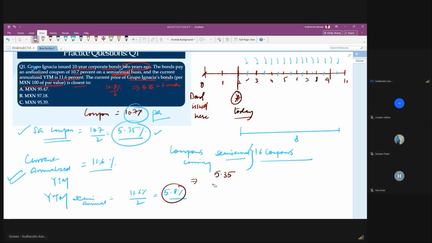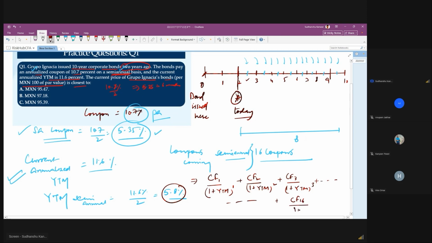Okay, let me write the equation first. I have 16 cash flows, so I will write CF1 over 1 plus YTM raised to power 1, CF2 over 1 plus YTM raised to power 2, CF3 over 1 plus YTM raised to power 3, and the last one CF16 over 1 plus YTM raised to power 16.